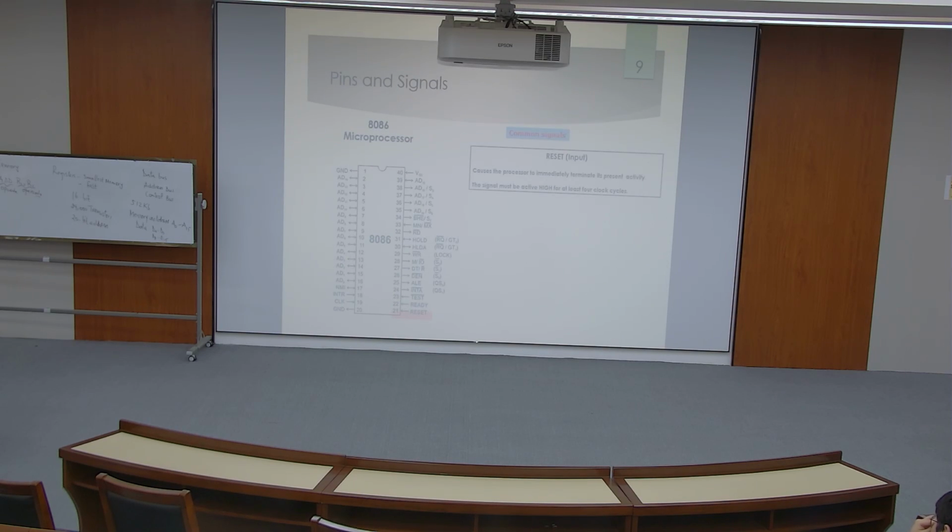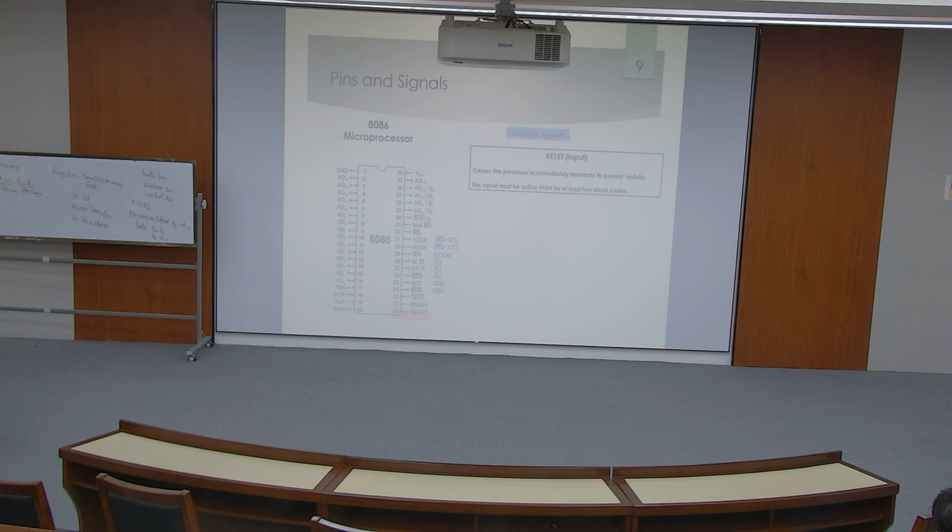The next pin is the reset pin. Sometimes we need to cause our microprocessor to terminate its current activity immediately. So this reset pin is very important if you want to immediately stop the current activity of the microprocessor.